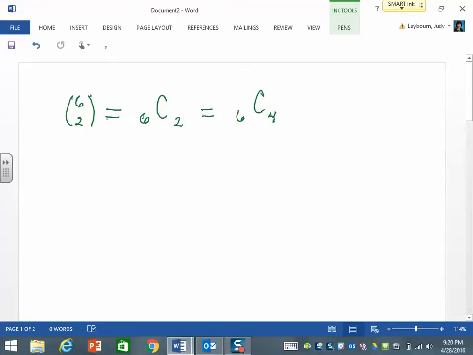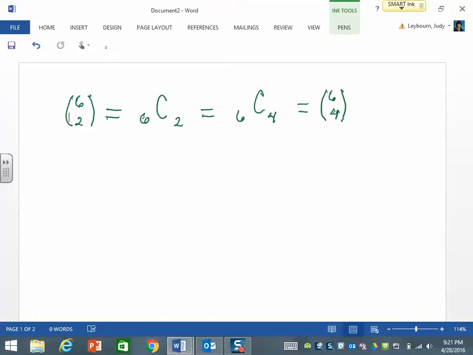Or if I write it in the binomial coefficient notation, I would have 6, 4. It doesn't mean fraction, don't think that. There is no bar there. But it's just a quick notation so we can look at the different coefficients.